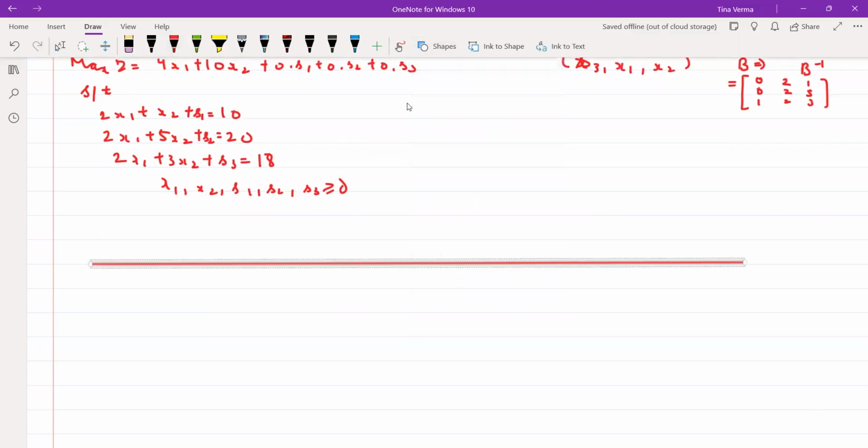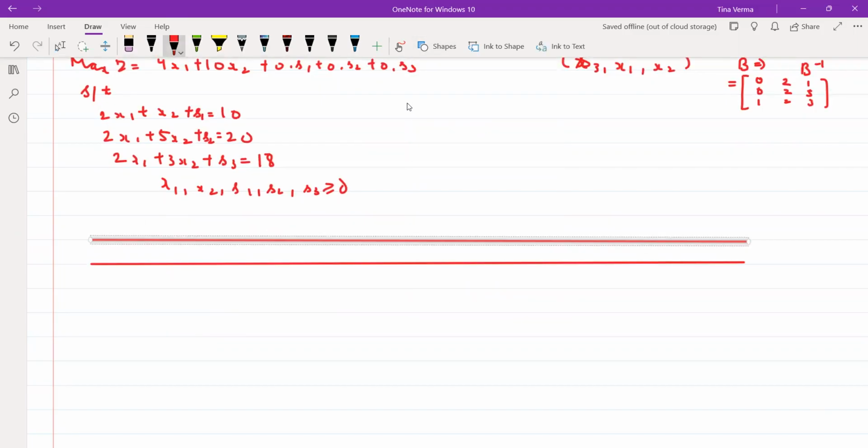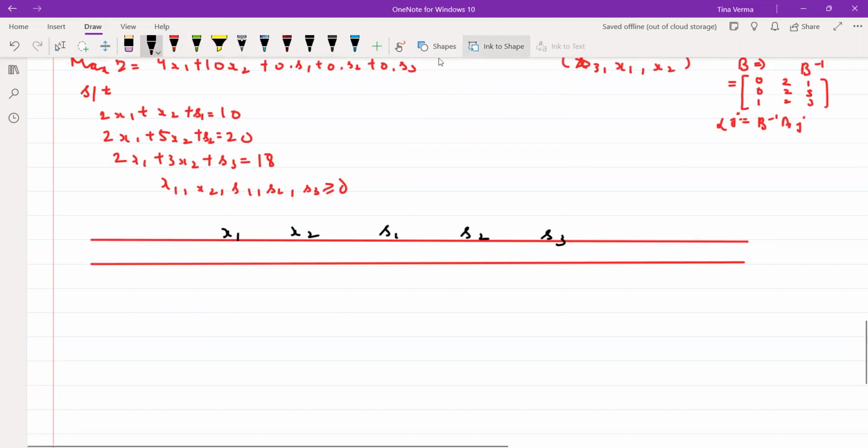I have already told you that if this is given to you, you can calculate your alpha j. Alpha j will be nothing but B inverse into Aj. Those are the entries of your columns here, x1, x2, s1, s2 and s3, and the solution. Your xb you get when you multiply your cb into your right hand side.